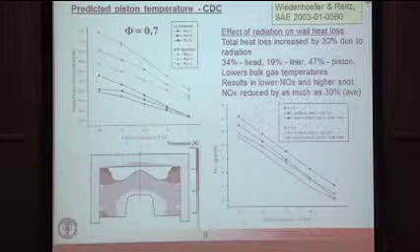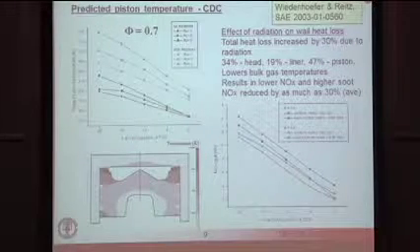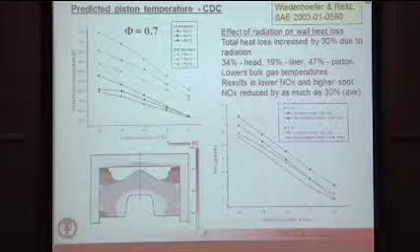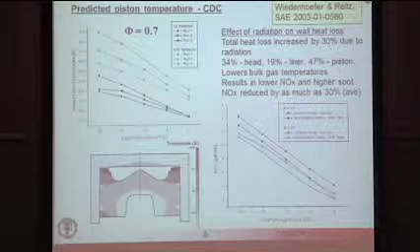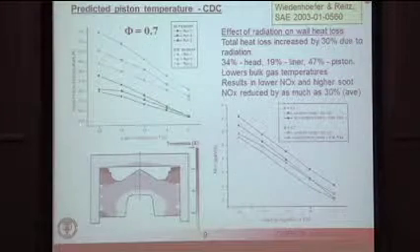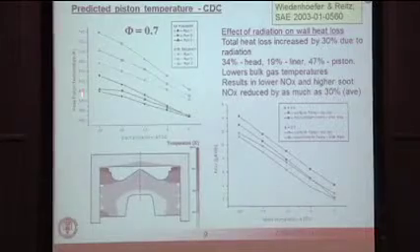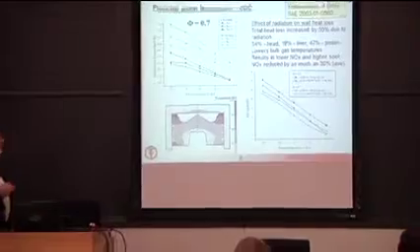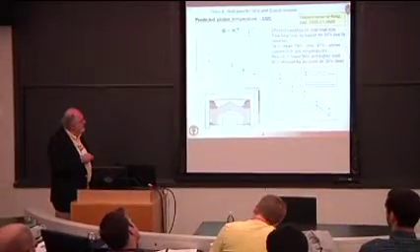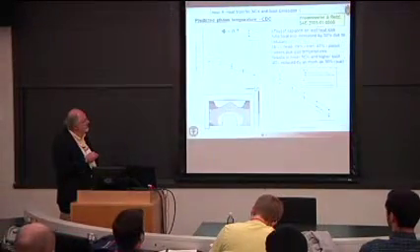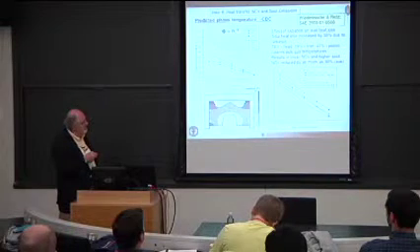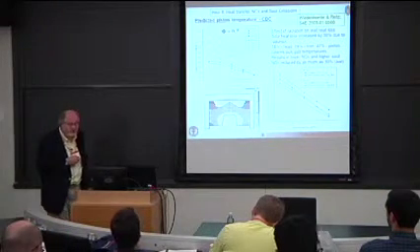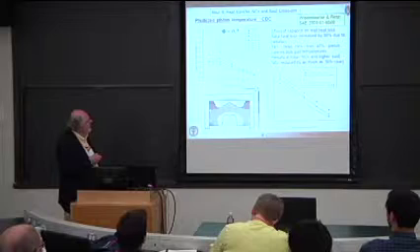This just shows some results of another implication of having radiation and heat loss models in your code. What we're looking at here is the peak piston temperature, so that would be at that edge between the bowl and the squish region, as a function of the time of start of injection for a conventional diesel combustion case with a fairly high load, so equivalence ratio of 0.7.